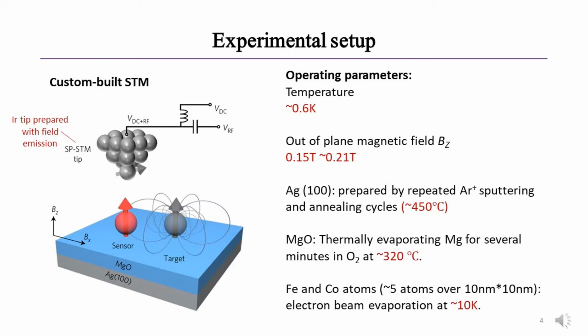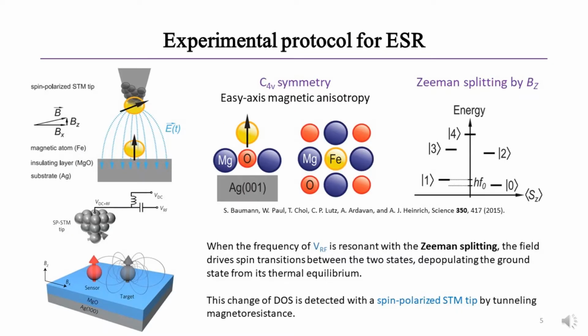The whole STM setup was operated at a temperature of about 0.6 Kelvin, and they also applied an external out-of-plane magnetic field of about 0.15 to 0.21 Tesla.